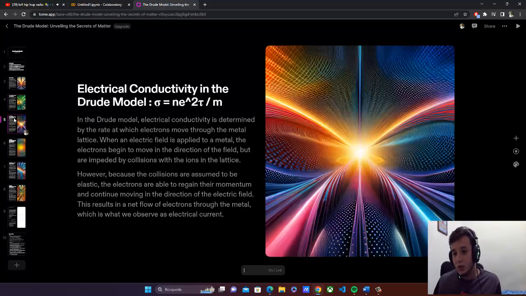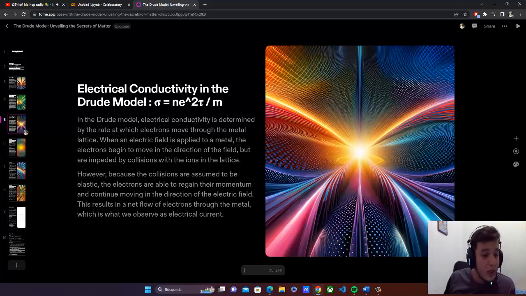And now I'm going to talk about conductivity in the Drude model. In the Drude model, the electrical conductivity of a metal can be understood as the measure of how easily electrons can move through the material in response to an applied electric field.